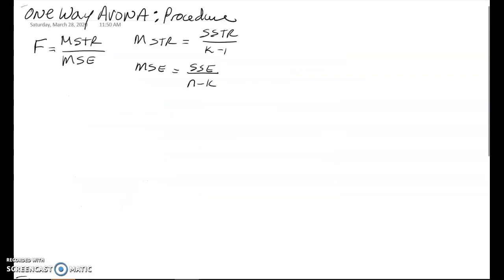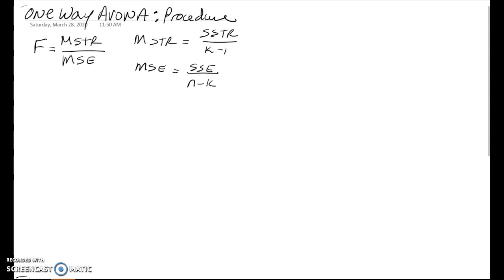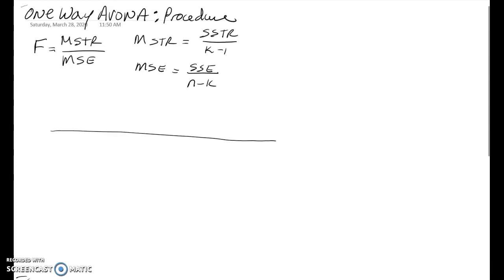So now, to help organize, we have what we call our ANOVA table. Something you're going to see. The ANOVA tables are in the PowerPoints you can take a look at, and also on a test you will always be given a blank ANOVA table. So here's what it looks like. The first column represents what we call the source.